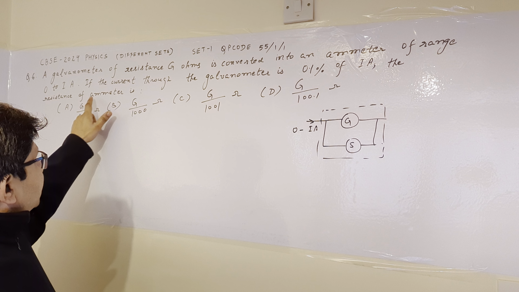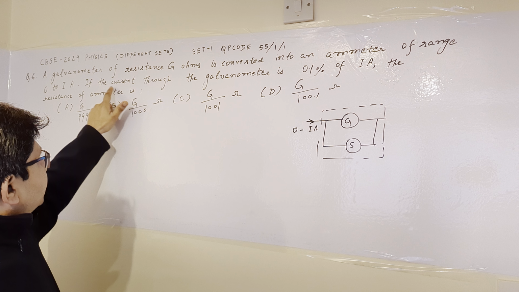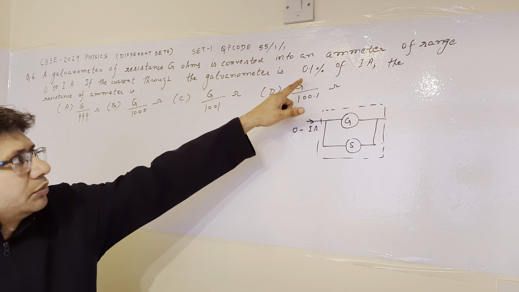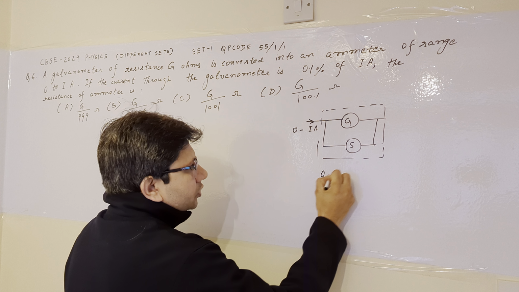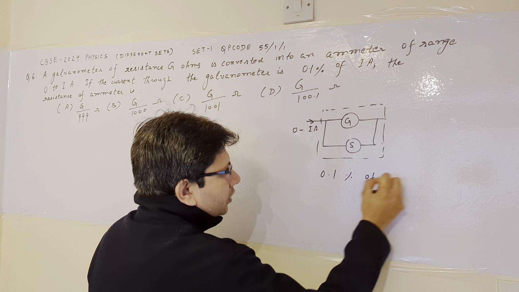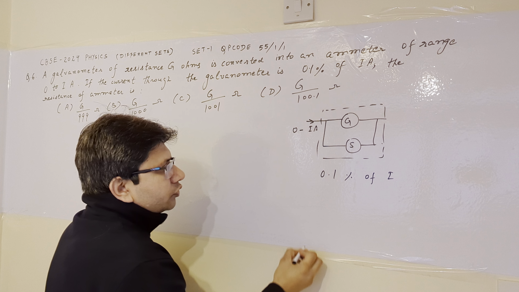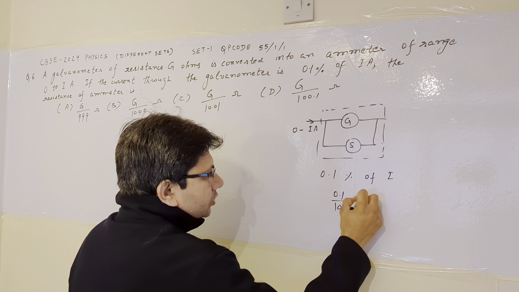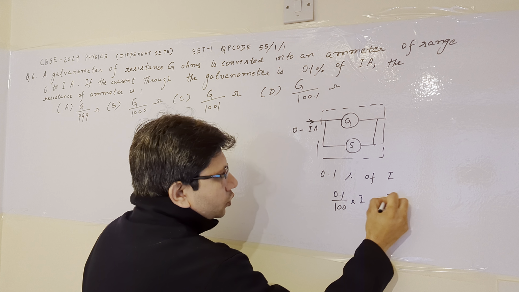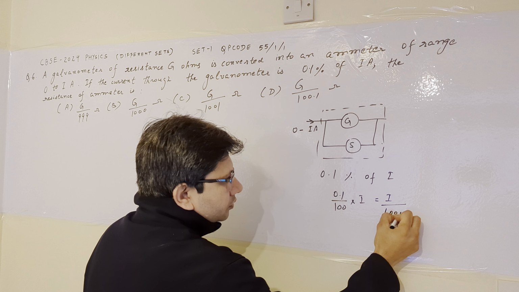Now in this particular problem, it is said that the current through the galvanometer is 0.1% of I ampere. Now what is 0.1%? 0.1% of I means 0.1 divided by 100 times I, which is equal to I upon 1000.